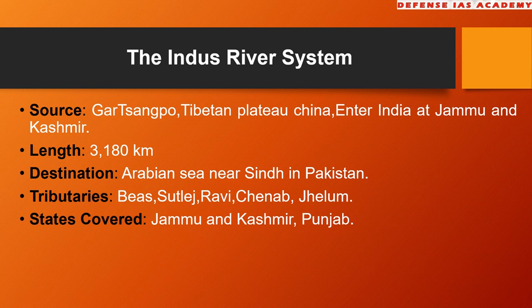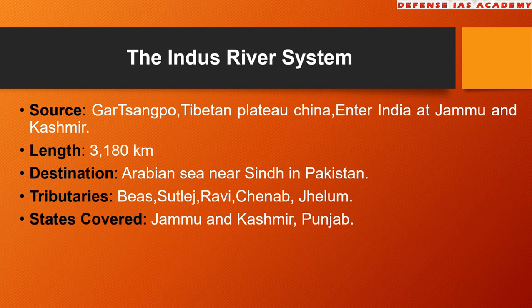So this is a small table which gives the details of the Indus river system. The source is Gar Sangpo, on the Tibetan plateau in China, and it enters India at Jammu and Kashmir. The length is the total length of the Indus river system, not the length in India.